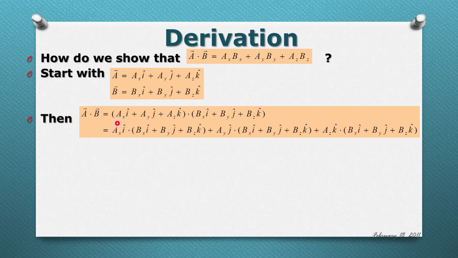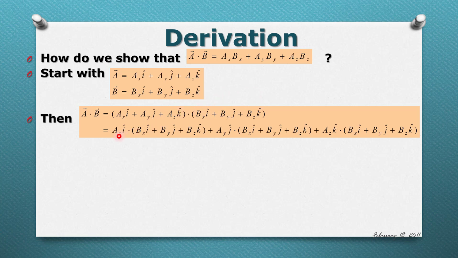We write the value of vector a, then dot, and then the value of vector b. Then, in the next step, we have to multiply: we take the dot product of this vector with all three, and we take the dot product of this vector with all three.